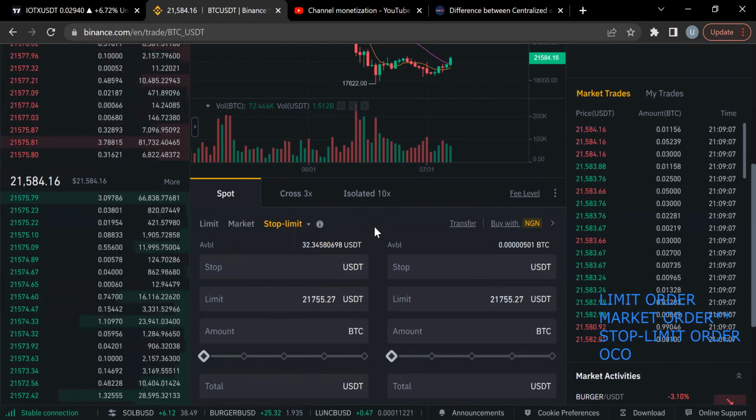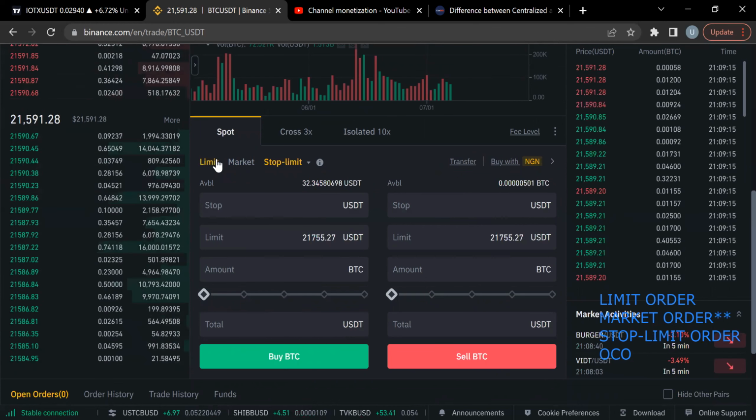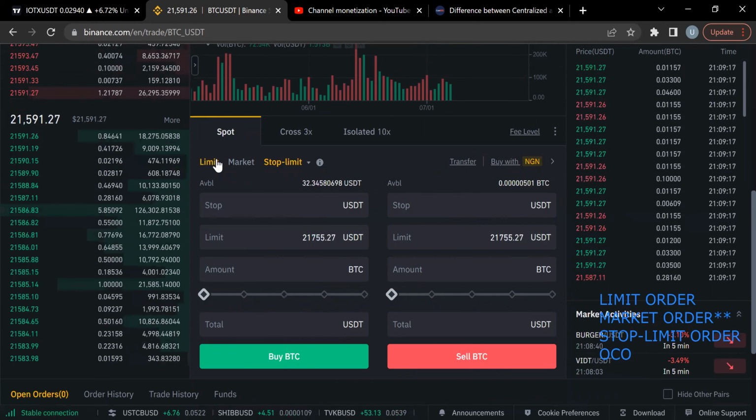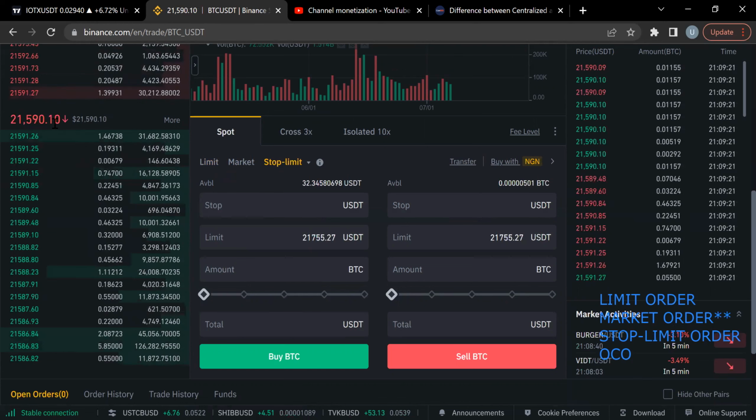I will explain it. Now, I told you that with limit, you can buy at a price lower than the current price. If currently the price is at 21,591, right?